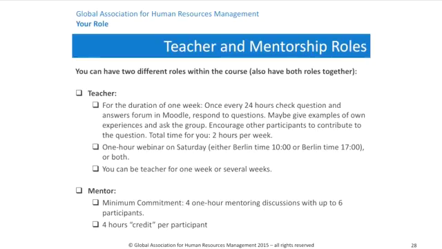The minimum is that you make the commitment of these 3 hours for 1 week, but you can certainly do several weeks, because not all authors want to become teachers. Regarding the mentorship, the minimum commitment is that you take 1 participant. That would be a commitment of 4 hours of mentoring discussions, and you can have up to 6 participants, which would mean 24 hours in a year.